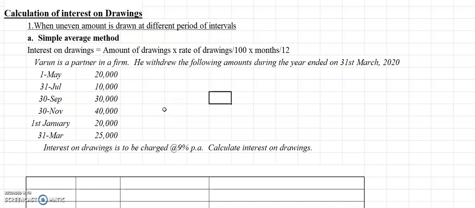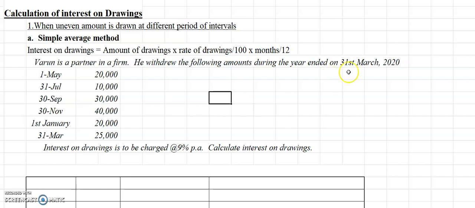First, on May 1 he withdrew 20,000, then on 31st July 10,000, 30,000 on 30th September, and 40,000 on 30th November, then again 20,000 on 1st January and 20,000 on 31st March. If it is like that, how do we calculate interest on drawings if the rate is 9% per annum?